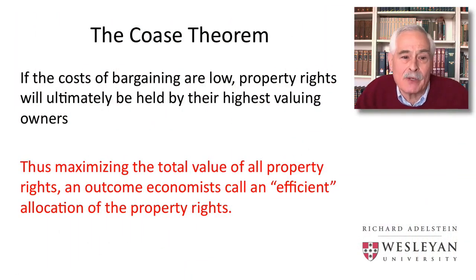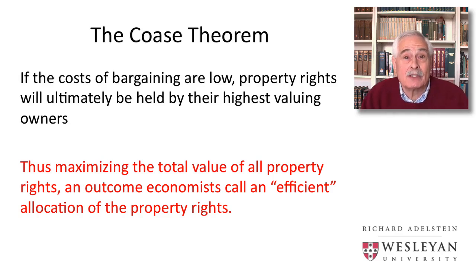So, when property rights are in fact held by their highest valuing owners, unsurprisingly, the total value of all property rights will be maximized. That is, if every property right is producing the maximum value that it possibly can by being in the hands of its highest valuing owner, then the sum of all of those values will be as high as it can possibly be, and the total value of all property rights will be maximized.